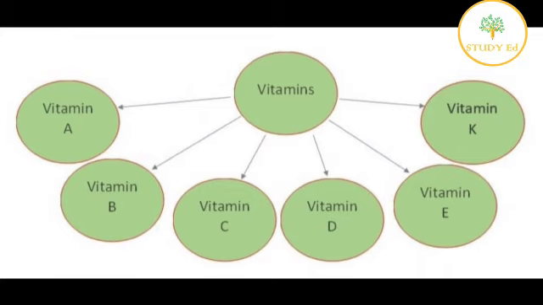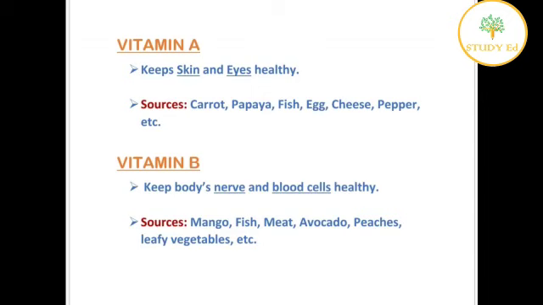Let us see. Vitamin A. It keeps our eyes and skin healthy, and the sources of vitamin A are carrot, papaya, fish, egg, cheese, peppers like capsicum and chilies, etc. Vitamin B, it helps keep our body's nerve cells and blood cells healthy.